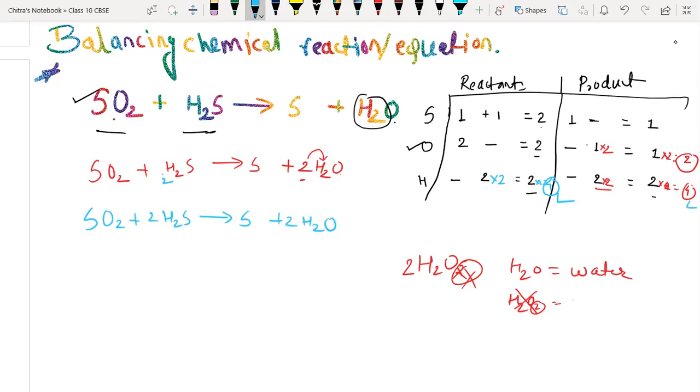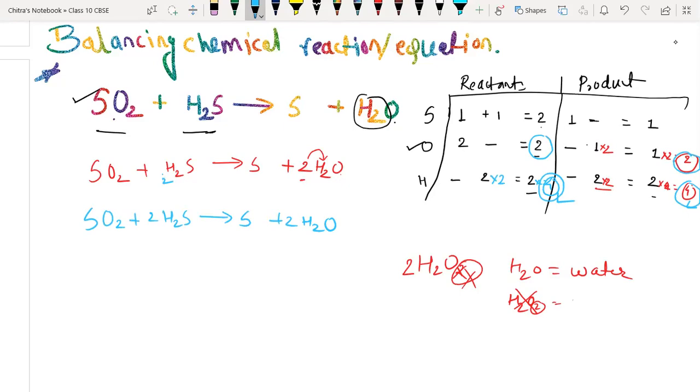Now what is balanced? Hydrogen is balanced. We have 4 on the reactant side and 4 on the product side. Oxygen, 2 on the reactant side, is also balanced. Now again, we have multiplied H2S by a coefficient of 2, so that sulfur will also increase.